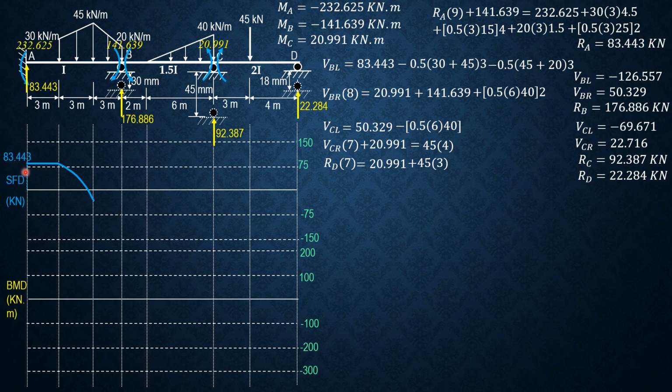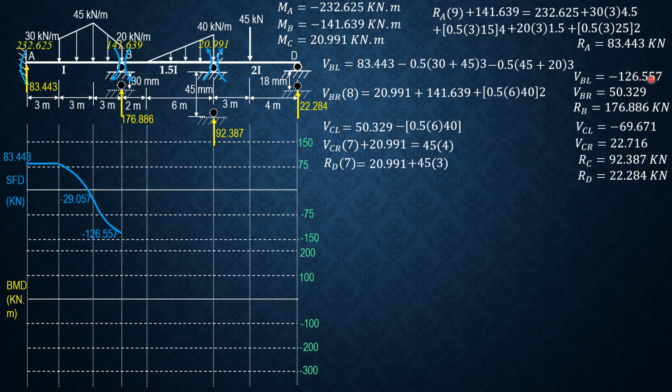So 83.440 minus 0.5 of 30 plus 45 times 3. So we have here negative 29.057. Then minus the area of this trapezoid, minus 0.5 of quantity 45 plus 20 times 3, negative decreasing. Then we have negative 126.557, which is the shear just to the left of B.